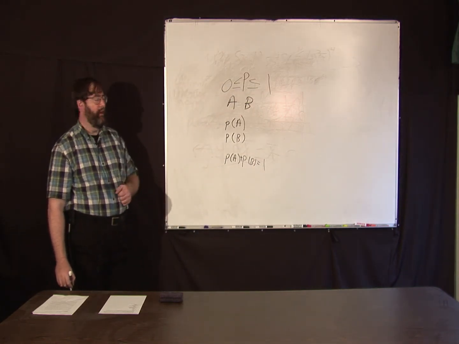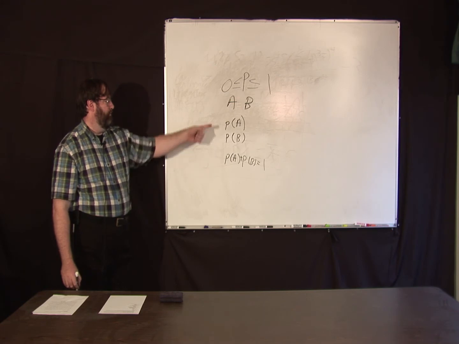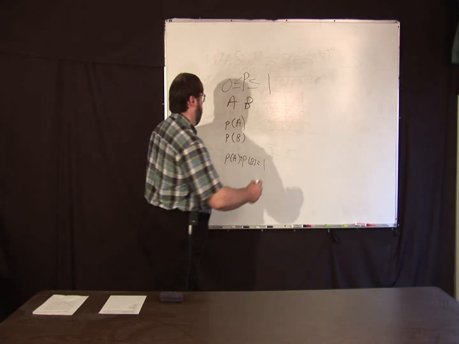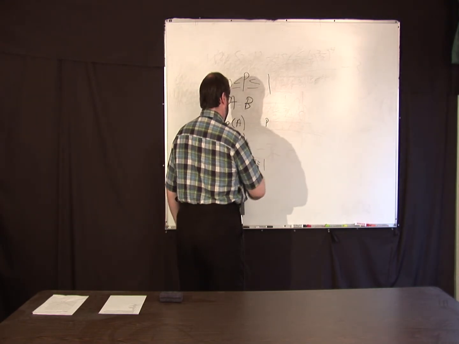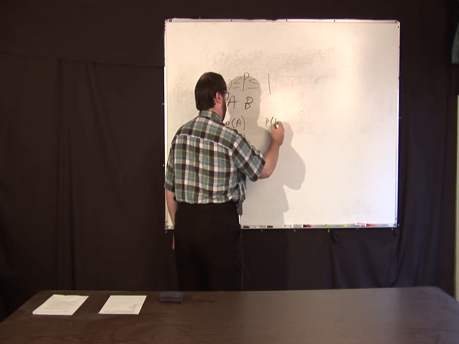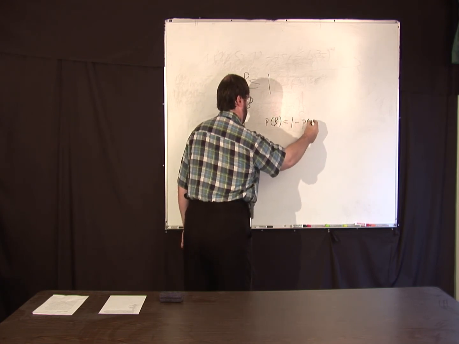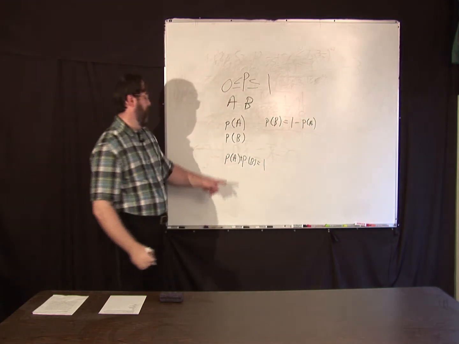If there are only two possibilities, and they're not equal, it must be the case from this that P(B) equals 1 minus P(A).